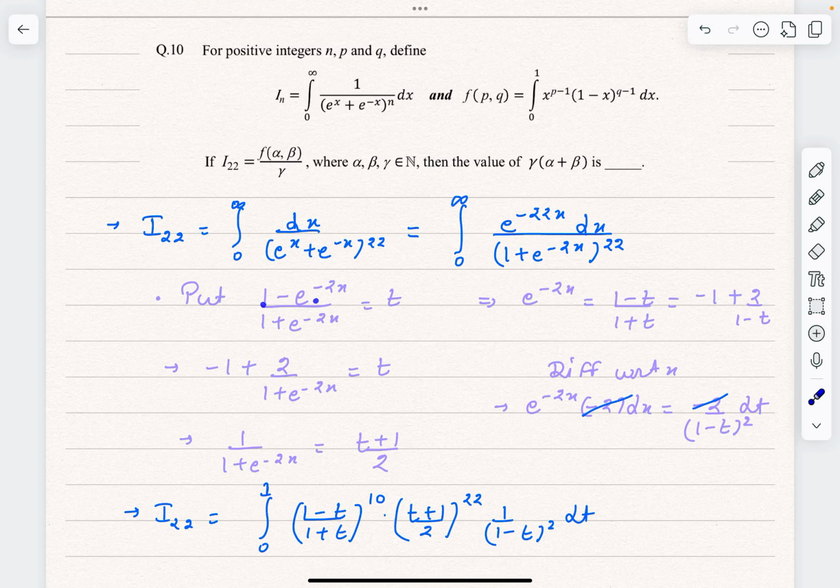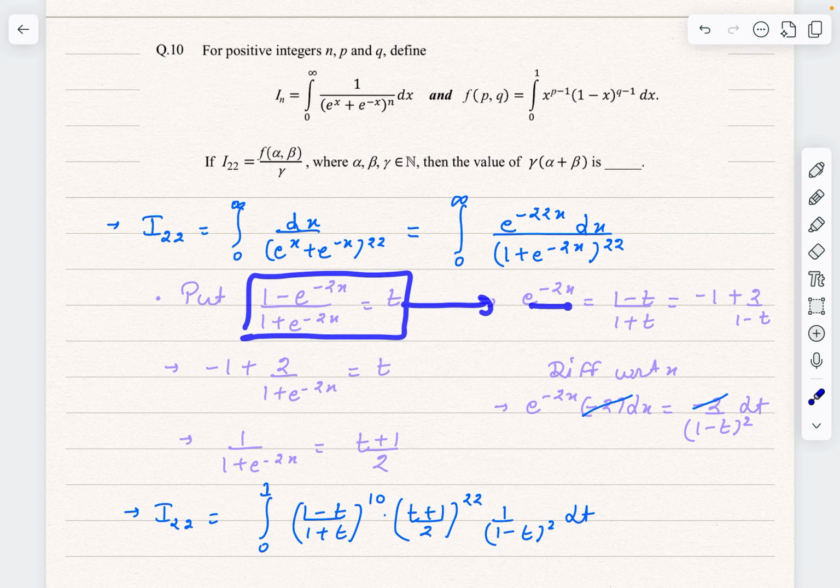Here if you add 1 and subtract 1, you get -1 + 2/(1 + e^(-2x)) = t. So from here you get 1/(1 + e^(-2x)) will be (t + 1)/2. So the thing in the denominator will come in the numerator. Now to convert dx in the numerator, we can find e^(-2x) in terms of t from here.